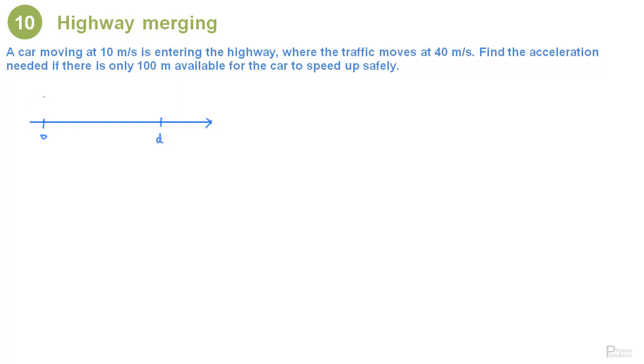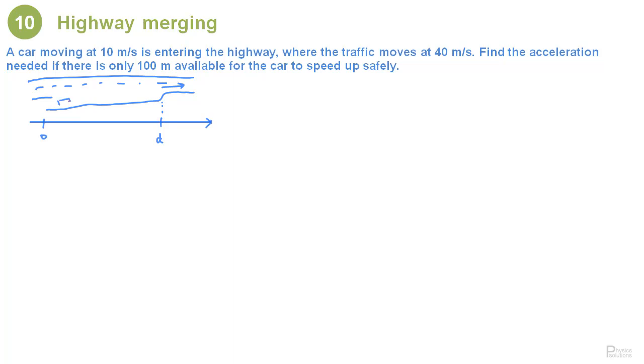So we could have a cartoon here: there is a highway, and this is our highway where the traffic is moving in that direction, and our car comes here in this shoulder of the highway, and the shoulder ends at this point. This is the point d.